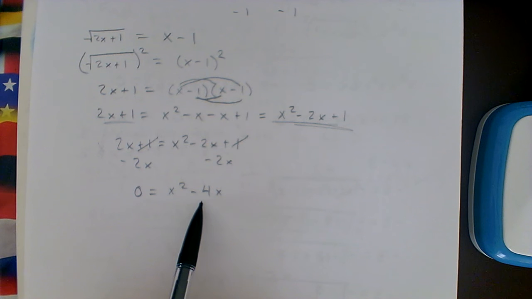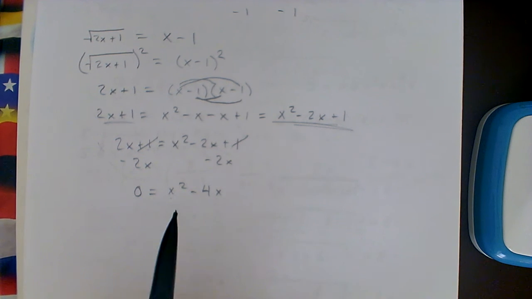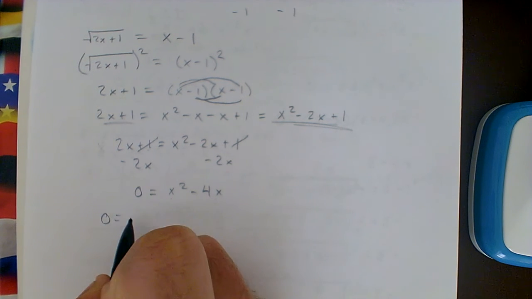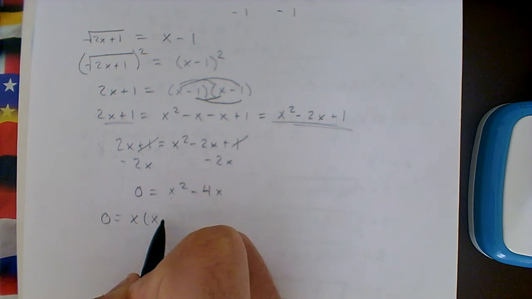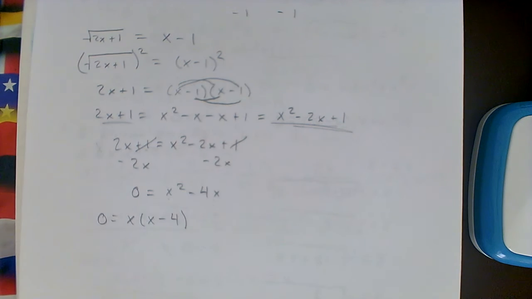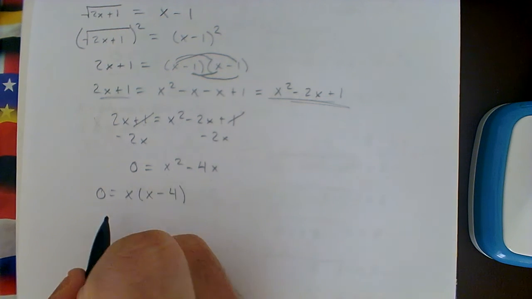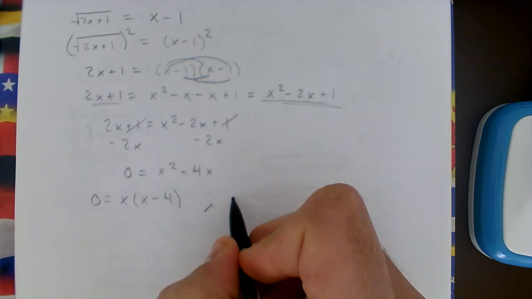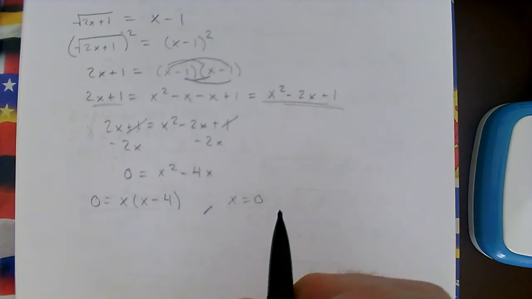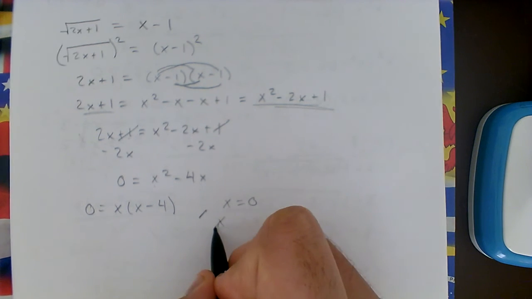Okay, now we just have to factor this one. We can factor it easily because each term has an x in it. So this is now 0 equals x times x minus 4. We have a times b equals 0, so we set each factor equal to 0 on its own and solve.